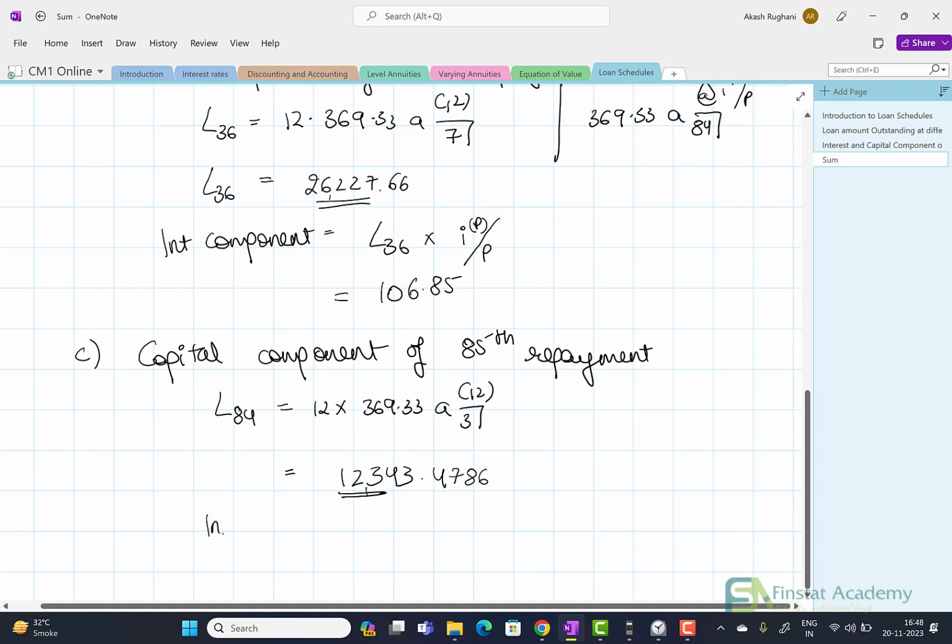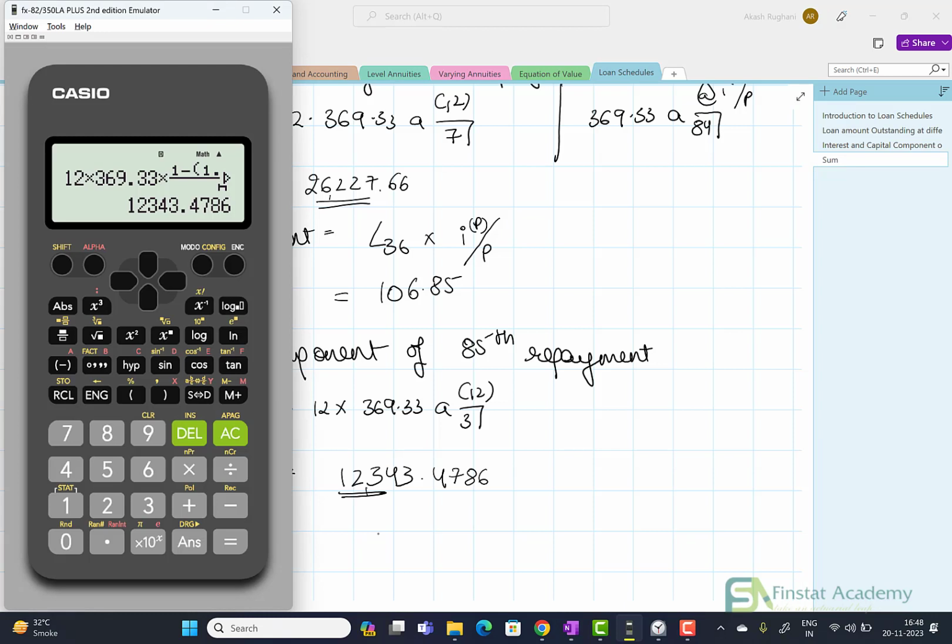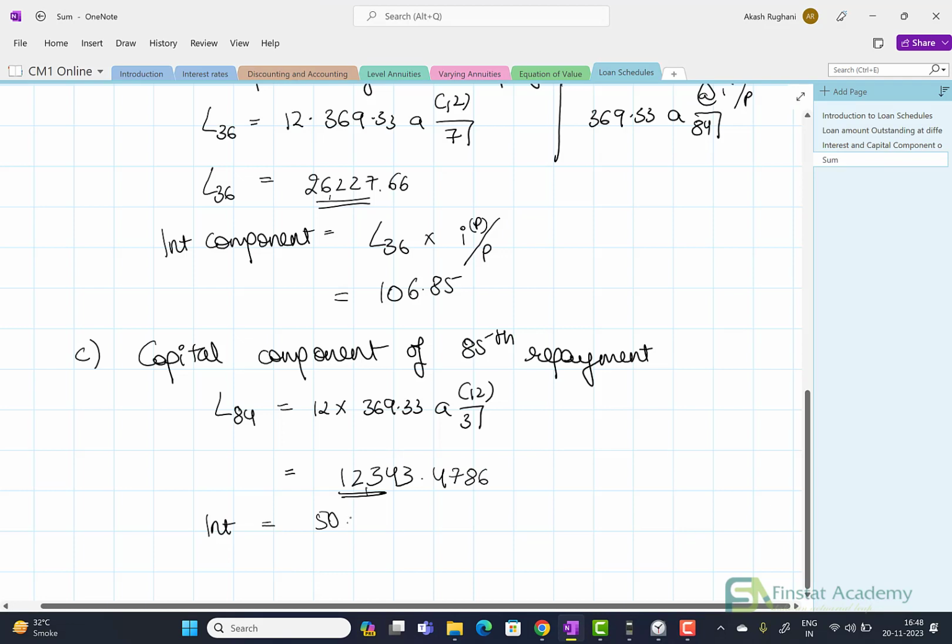I'll calculate the interest. Yeah, which will be this into IP by P. So again, alpha, yeah, I'll use my fraction alpha A divided by 12. This is my interest component, which is 50.288.